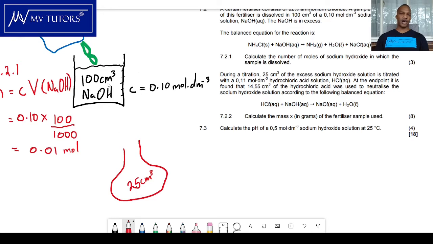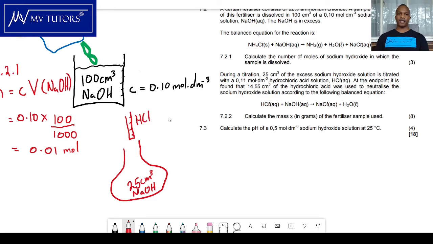Of the sodium hydroxide, and it is titrated with this. So the titration is happening here. So it's titrated with hydrochloric acid. And what do we know about the hydrochloric acid?